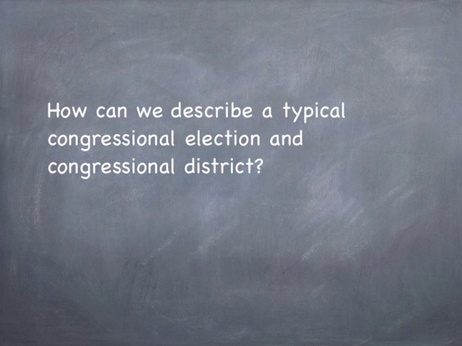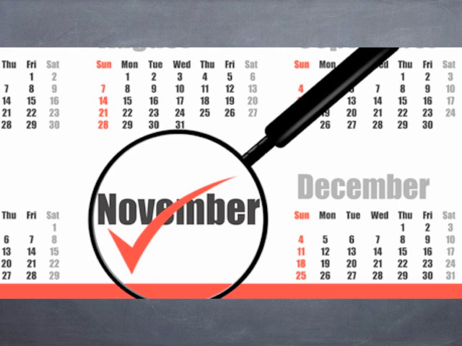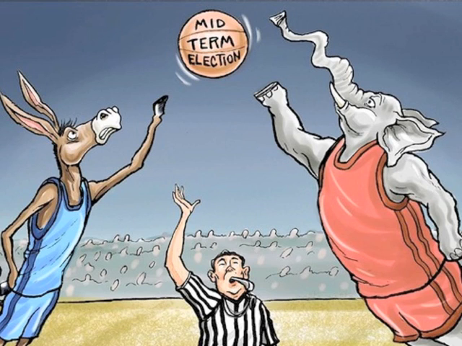How can we describe a typical congressional election and congressional district? Congressional elections are held on the Tuesday following the first Monday in November of each even-numbered year. Off-year elections are those congressional elections held between presidential elections.